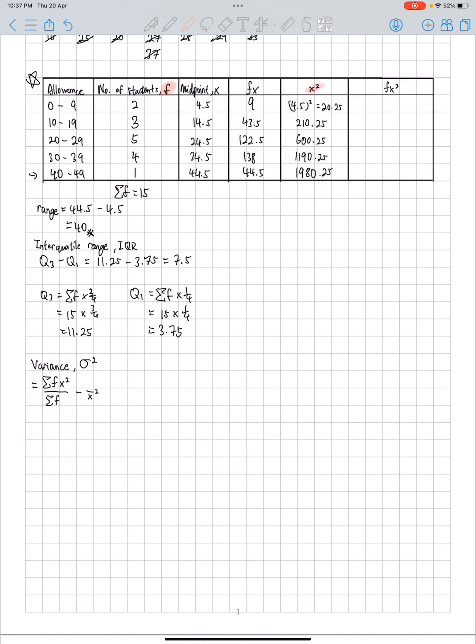Okay, so 2 times 20.25 we'll get 40.5. Then 3 times 210.25 we'll get 630.75, and I'll just write it out again.